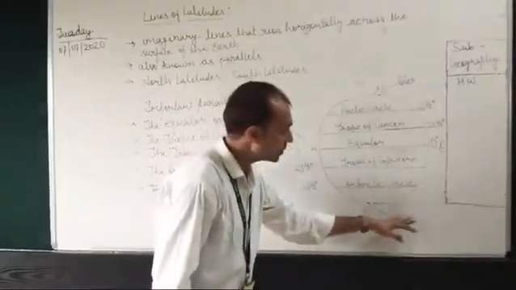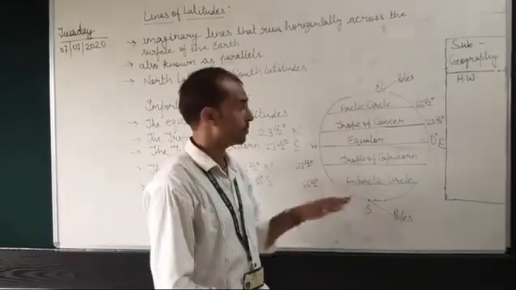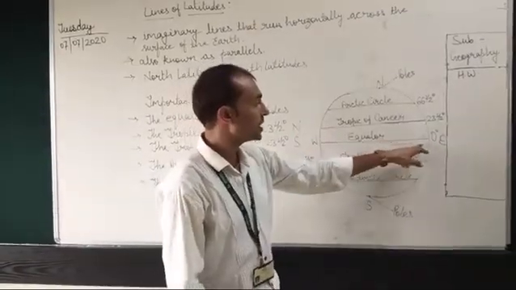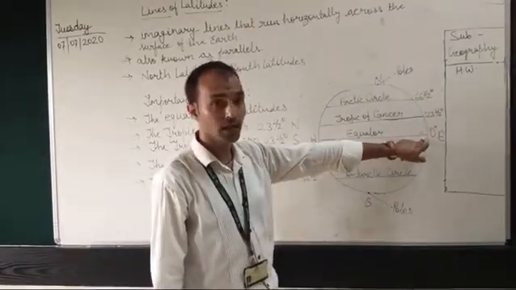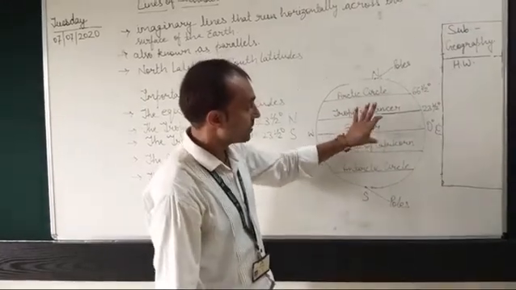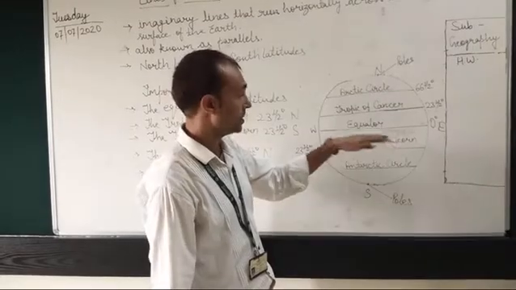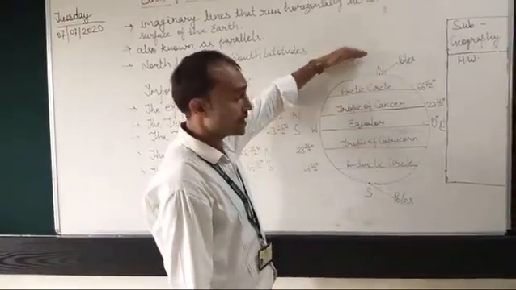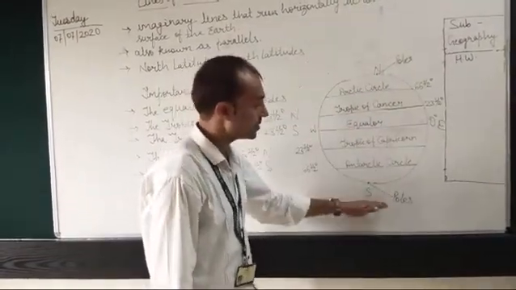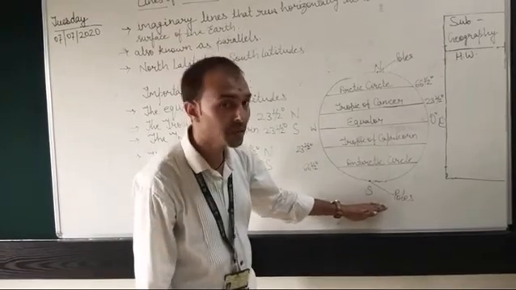Students, you can have a look at this diagram. At 0 degree there is the equator, which divides the earth into two equal halves. The upper part is the northern hemisphere, the lower part is the southern hemisphere.